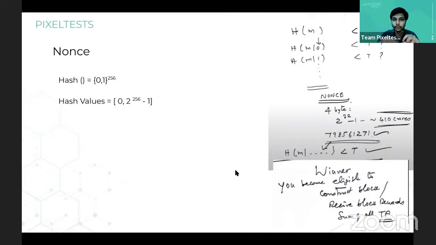So this is 2 to the power 256. Now 2 to the power 256 is a very, very huge number. Even if you try to calculate, it will give you a scientific notation. So those many hash values exist.